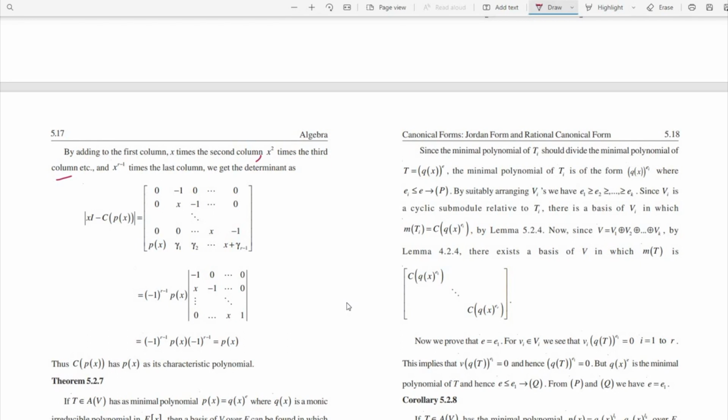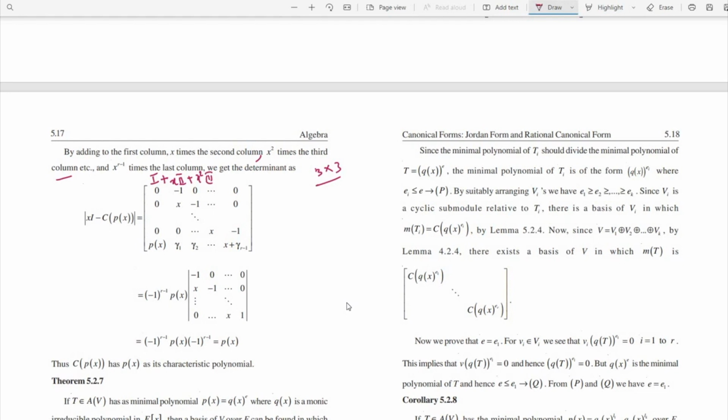If you want to check, you can try with some 3 cross 3 matrix, so that all these explanations can be clearly understood. So what we do is this: to the first column, we are going to add x times the second column and x squared times the third column, and so on.